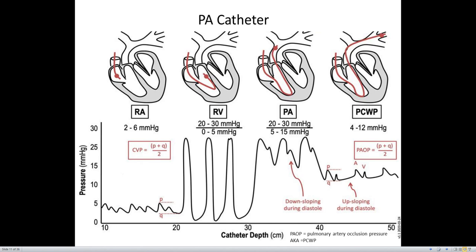As we move that balloon and catheter into the pulmonary artery, again, there's going to be a systolic and a diastolic pressure here, because the pulmonary artery accepts volume from the right ventricle and also retracts back to its resting state, which is the diastolic pressure. Normal is 20 to 30 and 5 to 15.